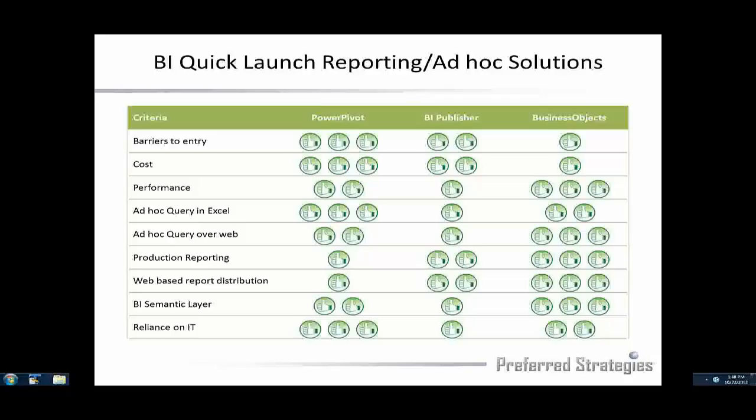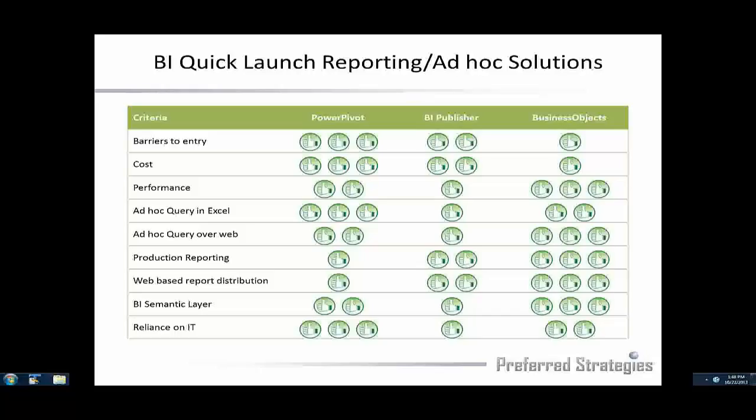Definitely on Business Objects, we've got very large customers on very large data sets, and we've also done a lot of performance benchmarking with Power Pivot against very large data sets. The problem with BI Publisher is, because it creates that data model, we didn't get into details, but it creates this XML output, and that can be very detailed.